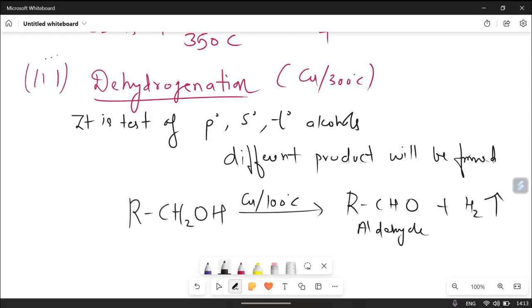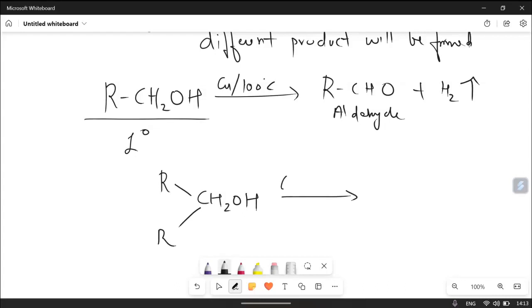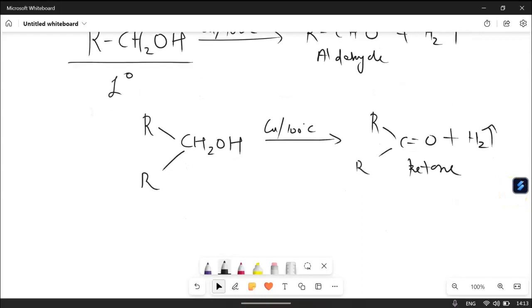This is primary. If there is secondary, that is R2CHOH, treated with copper at 100 degrees Celsius, it will form ketone and H2 gas will be removed. So there will be a formation of ketone here, from alcohol to ketone.